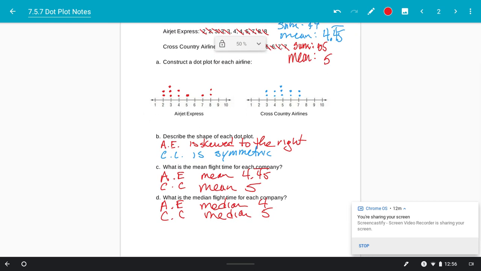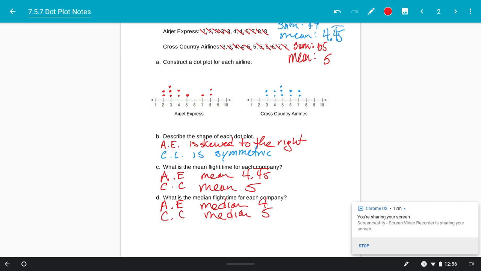All right, so now I can see with my data set for Airjet Express, the mean and the median are a little bit different, and they're not the same. But when I look at the mean and the median for cross-country airlines, where that data is symmetric, the mean and the median are actually the same. And so that's why the mean would be a better indicator for cross-country airlines.